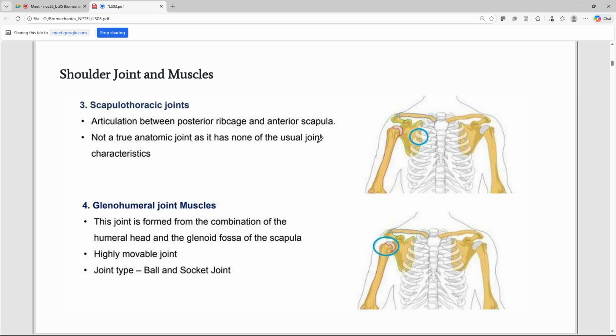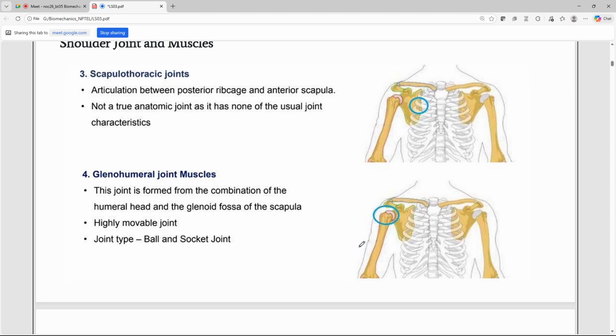There is actually no joint as such; the contact is created by muscles only. Where the shoulder or hand is attached to the body is the glenohumeral joint, and the type of joint here is a ball and socket joint.